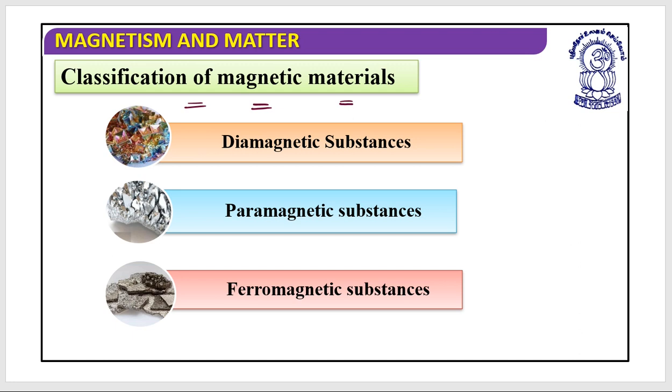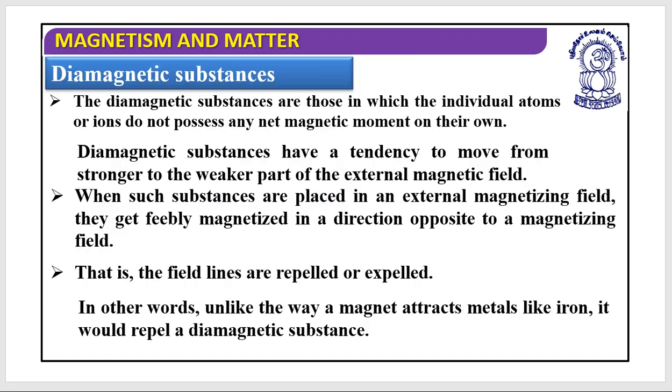We primarily have three different types of material. The first is the diamagnetic substances, another is the paramagnetic substances, and the third is the ferromagnetic substances. Let's begin with the diamagnetic substances.